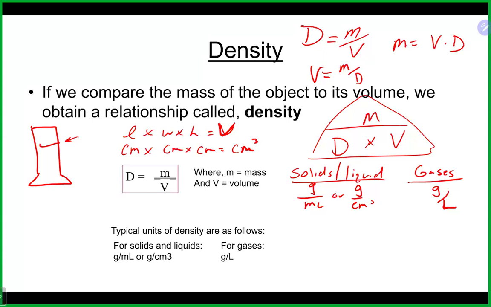So if you are given the density of an object, and let's just say the density was 1.5 grams per milliliter, you can use that just like a regular conversion factor, and you could flip it around the other way. And again, as I was saying earlier, take a dimensional analysis approach to the problem, and you may not even have to worry about the formula of D equals M over V. So again, you can use it in that sense.